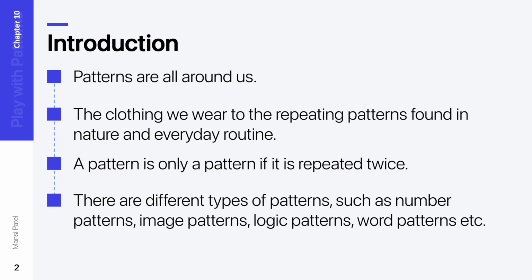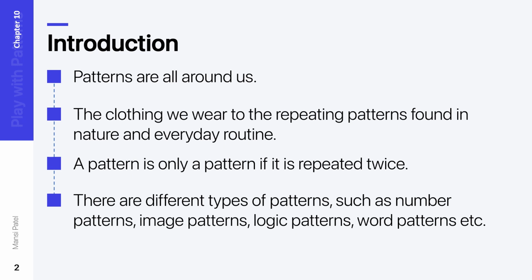If you want to see patterns, you can see them in a number pattern. Mathematically, you have already studied skipping: skip by twos, skip by fives, skip by tens, skip by hundreds. So these are all one type of pattern.